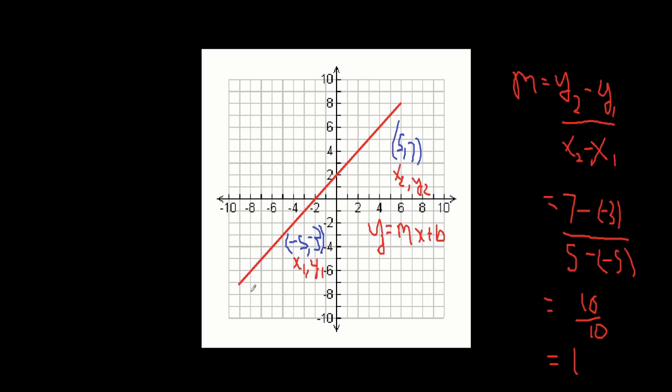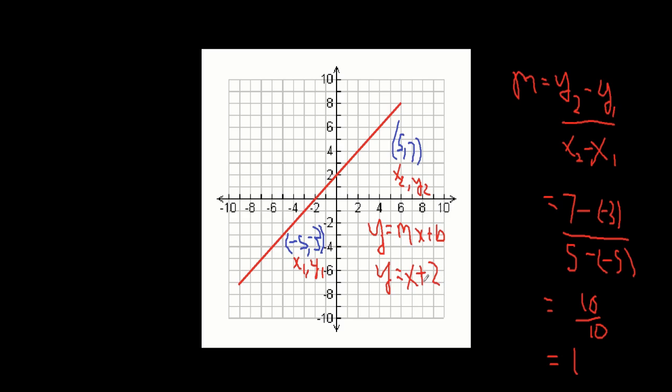Of course we know this is a partial variation since it doesn't cross the origin. It has a y-intercept that is not 0, 0. So now we can go ahead and write the equation. We have y equals, so we know that m equals 1, so it's basically 1 times x, which is x. And we have b, which is our y-intercept, so b should be 0, 2, and our y-coordinate is 2, so that means our equation is y equals x plus 2.